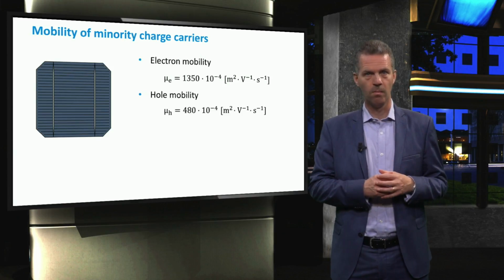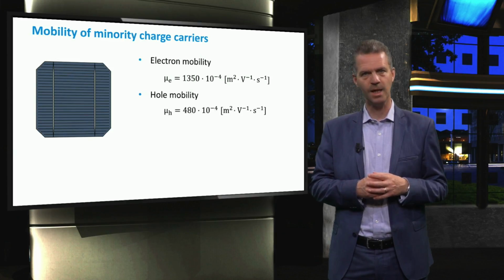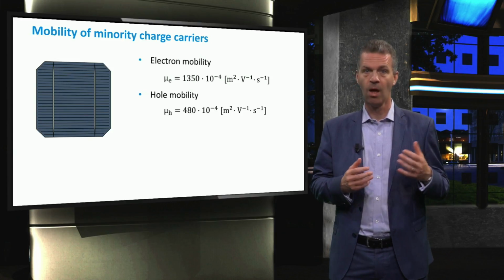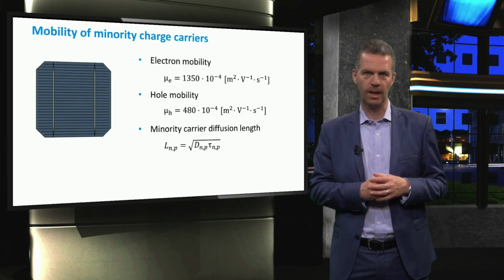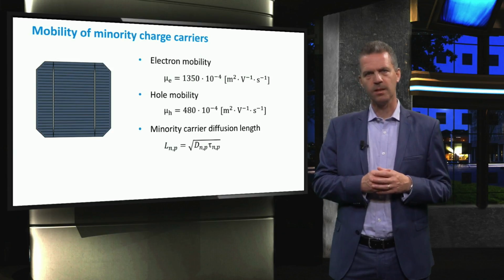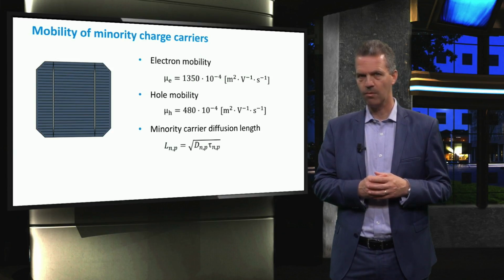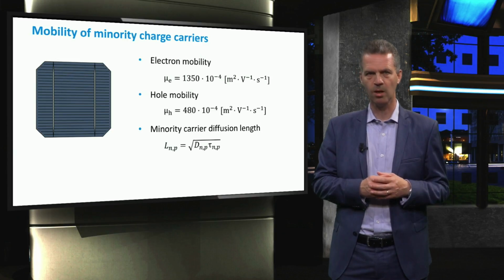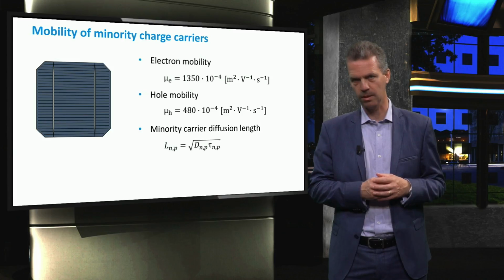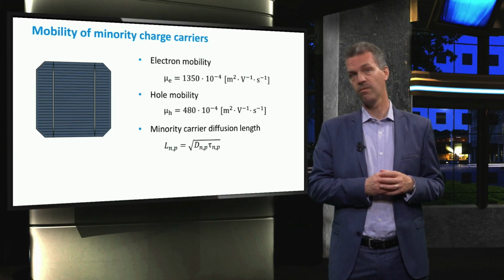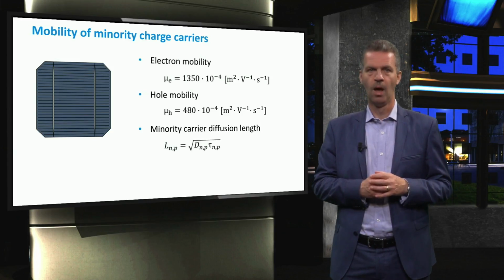A higher mobility implies a higher diffusion coefficient, D, via the Einstein relation, and thus results in a longer minority carrier diffusion length. In P-type silicon, electrons are the minority carriers, and therefore the minority carrier diffusion length is superior to the minority carrier diffusion length of holes in N-type silicon. This would be an advantage for using P-type silicon, but there is one issue.